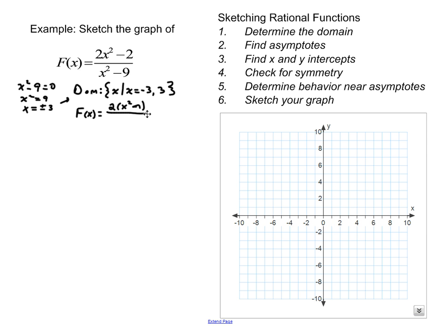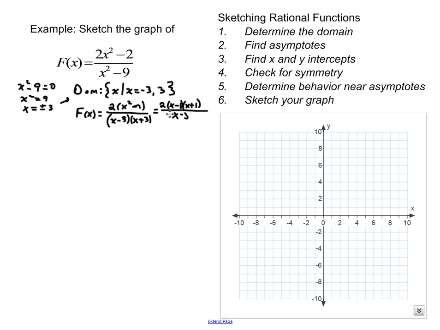In the denominator, it's going to become x minus 3 times x plus 3. And one more factorization is going to give us 2 times x minus 1 times x plus 1 divided by x minus 3 times x plus 3.